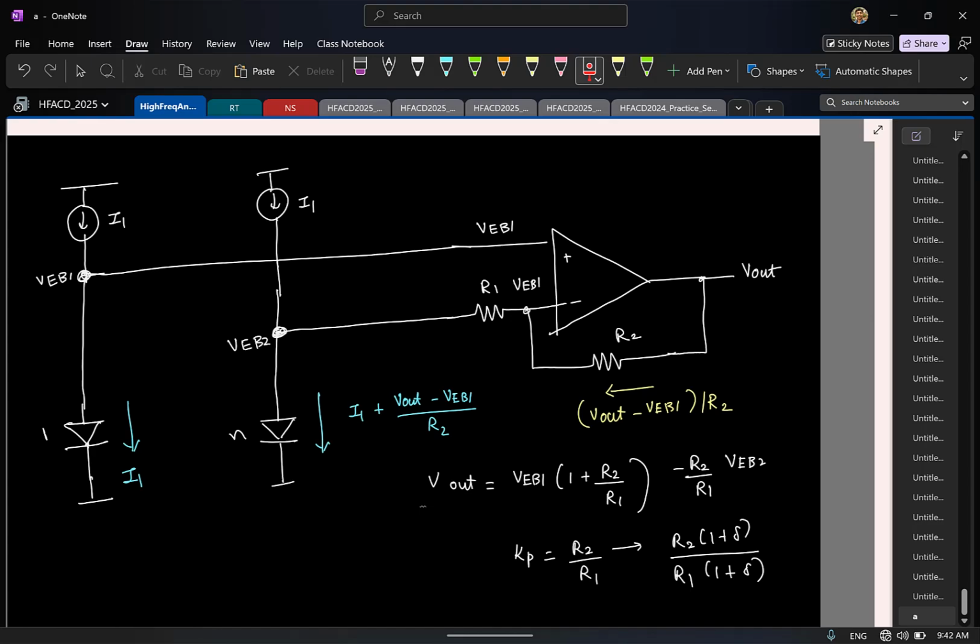Yes, you can change the current source. That's the simplest solution, but of course that is not really practical, because you will not exactly know what this extra current is. And even if you know, you will not be able to change it to be exactly that value. Even here I can't ensure that this current is exactly I1, but I can ensure that these two currents are equal. I can match two elements, but I can't ensure the exact value of that element.